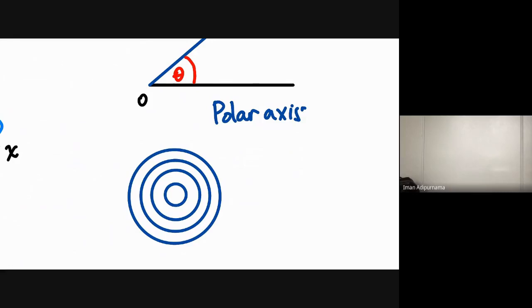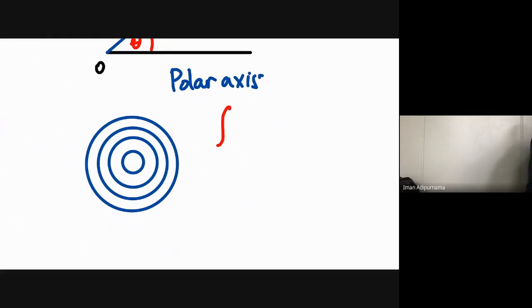Now the area, usually you integrate, right? Usually you integrate from A to B. A, B usually can be y or x, right? Now in polar, A and B is theta. From theta this and theta this, and then you have a pizza, right? The sector. It's called the sector. That's the important thing.